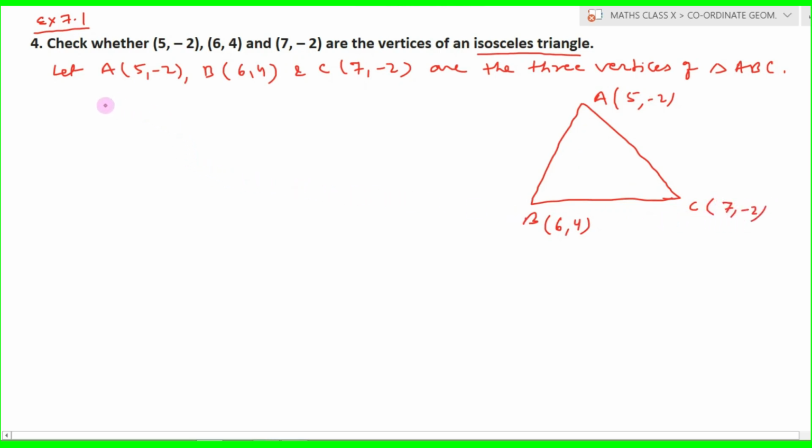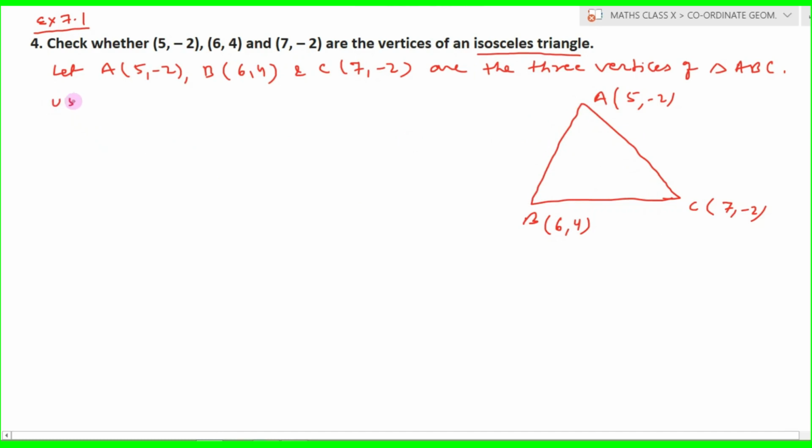Now here we have to prove that this is an isosceles triangle. We know the property of an isosceles triangle: any 2 of the sides are equal. So using the distance formula, we will find the 3 values AB, BC and AC.